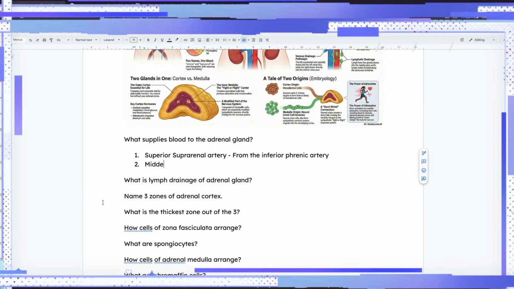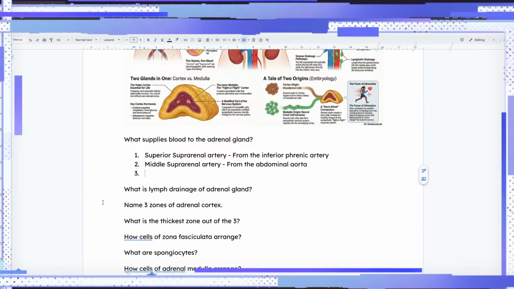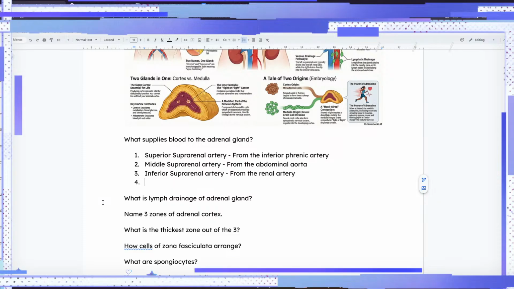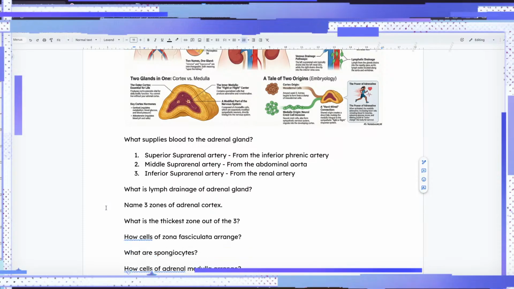You have the middle suprarenal artery, which is from the abdominal aorta, and you have the inferior suprarenal artery, which is from the renal artery itself. Fair enough, right? That is literally it.